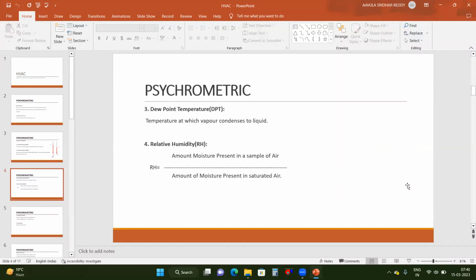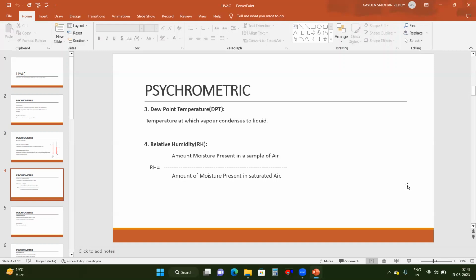Next is dew point temperature, the temperature at which vapor condenses to liquid. We discussed this in our last class also.